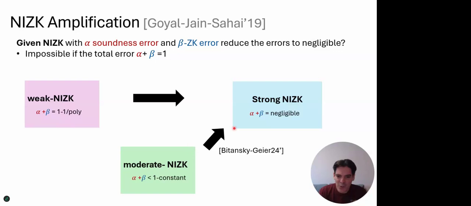Unfortunately, the proof of this theorem turns out to be flawed, and Bitansky and Geyer fortunately showed that this can be fixed, and they presented a different transformation that achieves this result. Still, the basic question of taking a weak NISQ and turning it into a strong NISQ remains wide open.